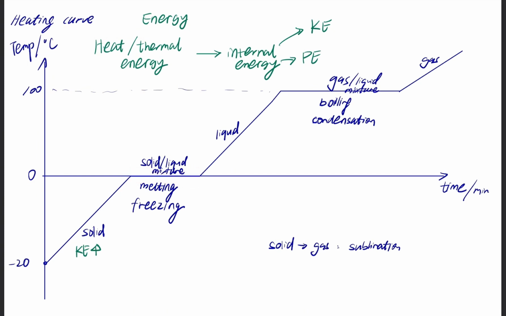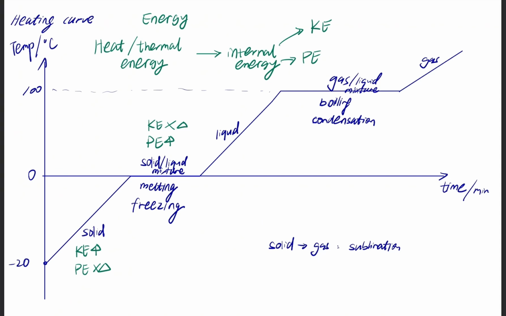So here, what is changing? The attractive force binding the particles together is changing. So in this case, potential energy is changing, and KE remains constant. No change. PE in this case, no change or very little change.